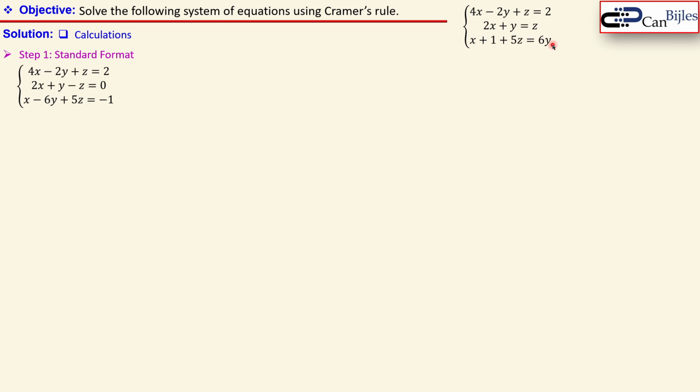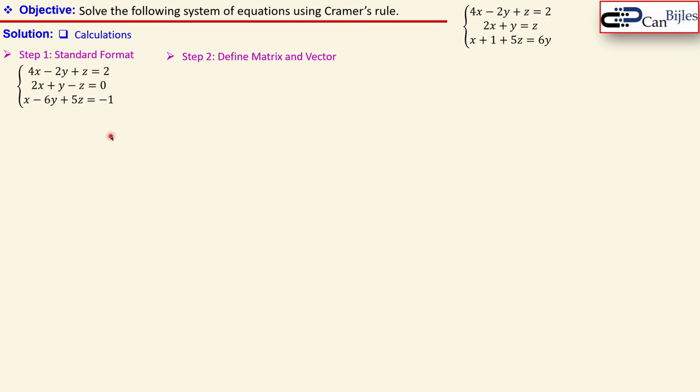For the third equation, we again need x, y, and z. But the y is on the right side, so we need to move it to the left. That's why we have minus 6y. And the constant 1, which should be on the right side, will then be a minus 1. So this is again in the standard form.